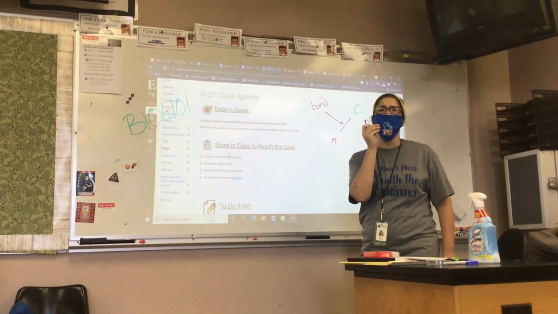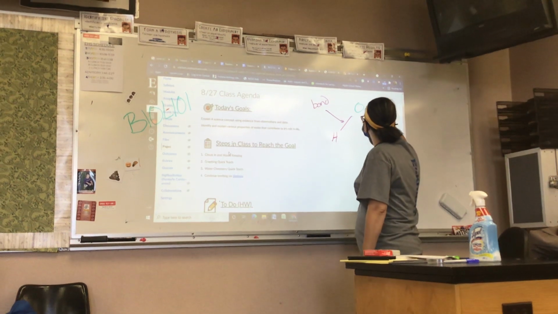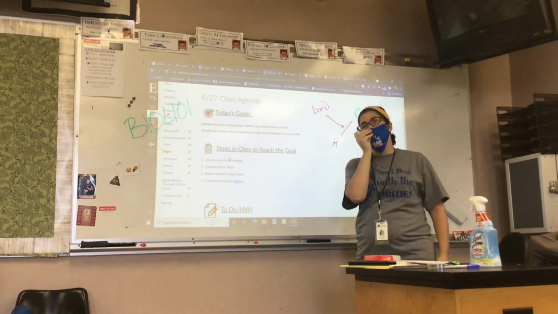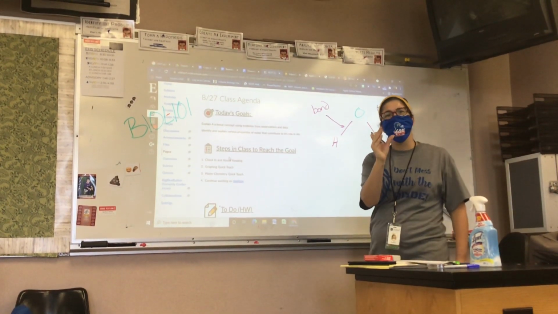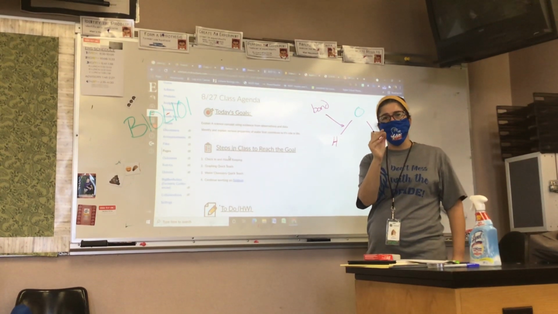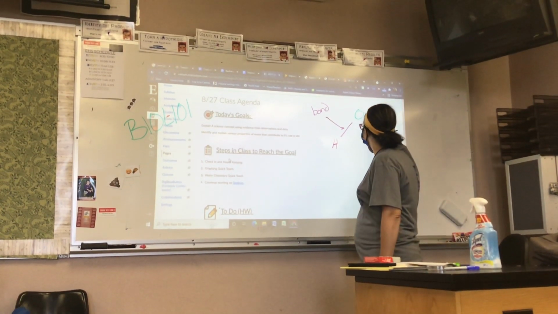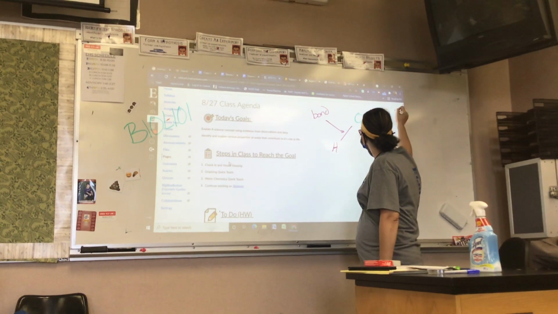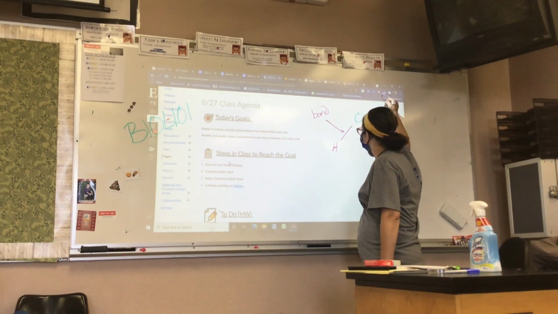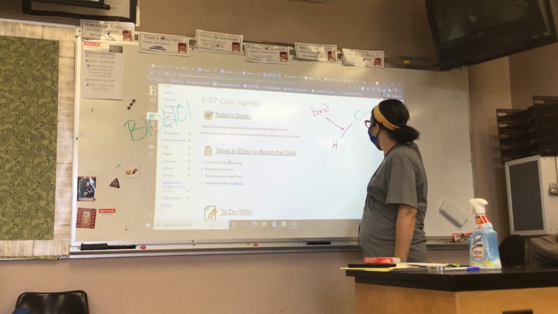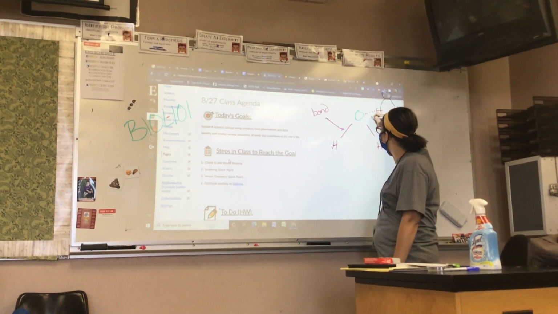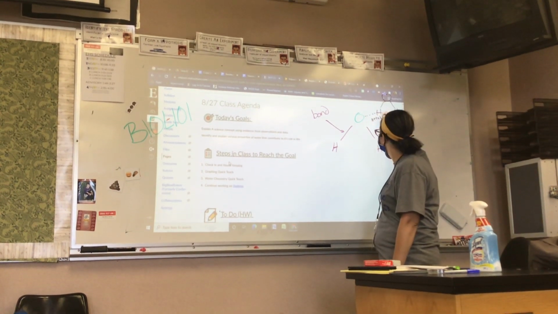What word? Attaches, okay? So it attaches. I think I can go with that. So we are attaching to that hydrogen of another water molecule. I'm going to call it attached because that's what Laura used.